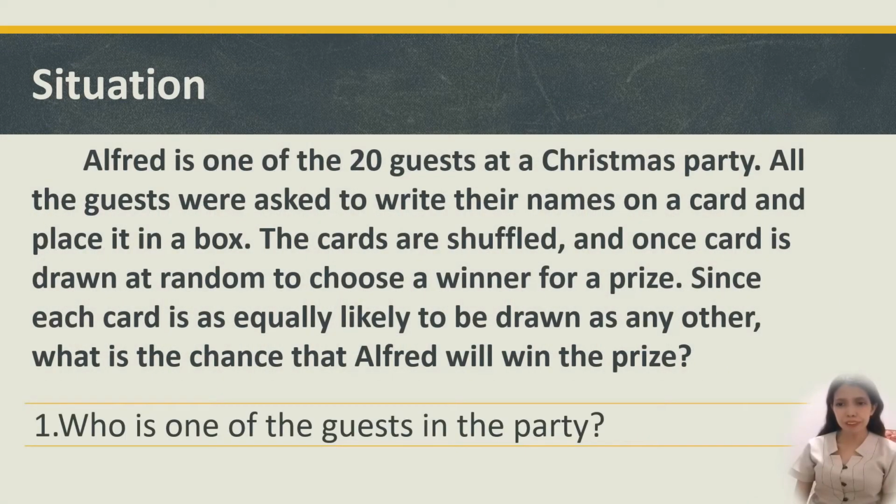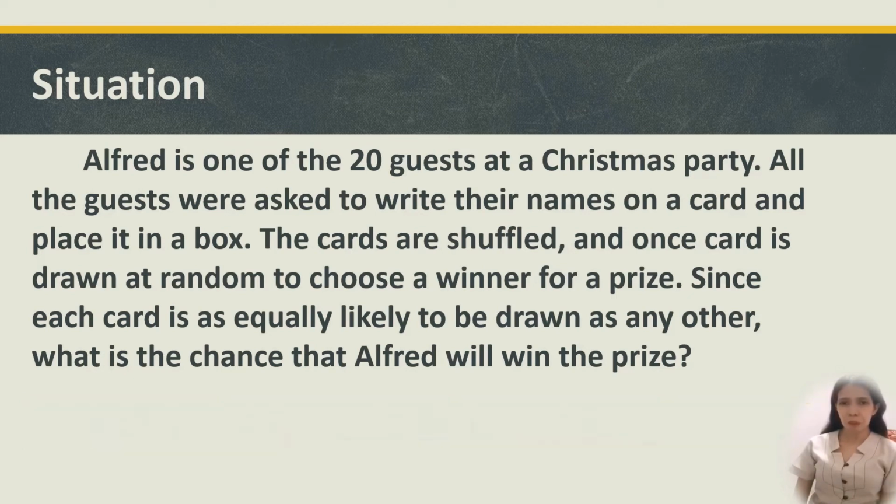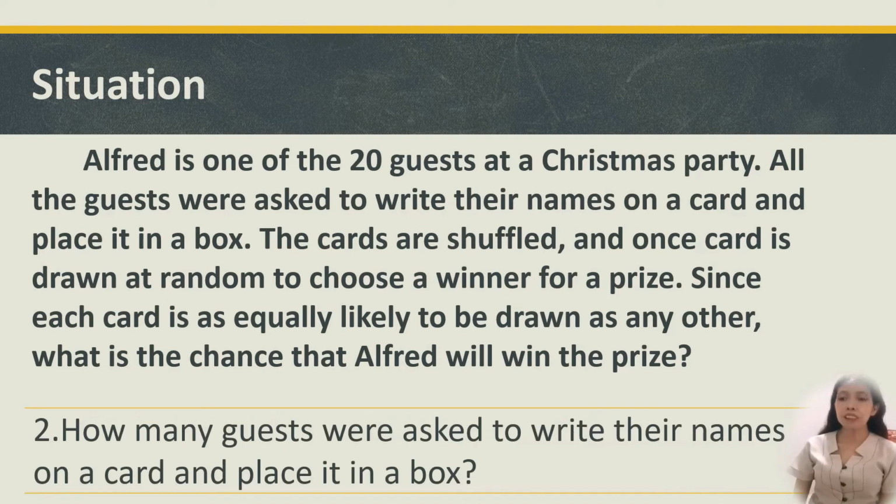Question number 1. Who is one of the guests in the party? Yes, Alfred is one of the guests in the party. Number 2. How many guests were asked to write their names on a card and place it in a box? Very good. There are 20 guests who were asked to write their names on a card and place it in a box.